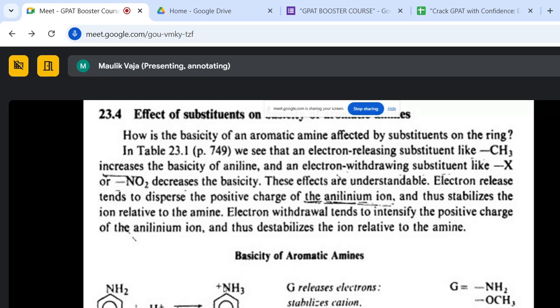But with an electron withdrawing group, this is like a cation that is already poor, and the electron withdrawing group makes it much poorer. So it becomes destabilized, and thus it decreases the basicity of aniline. Okay, so this is about the basicity of aniline.